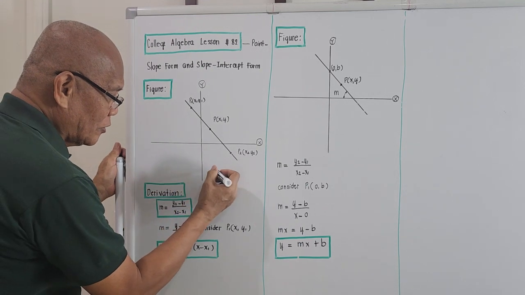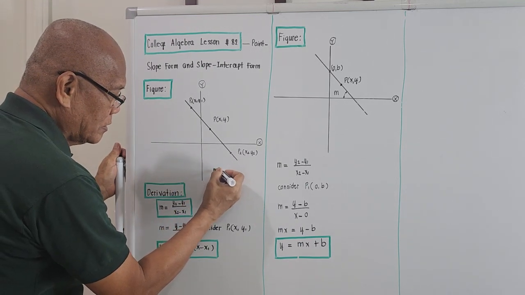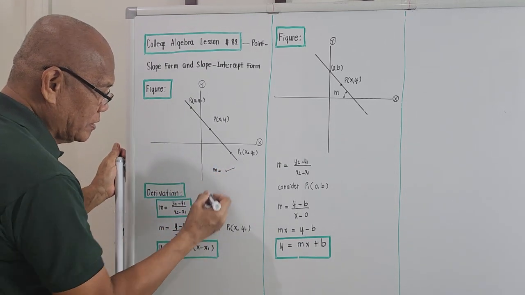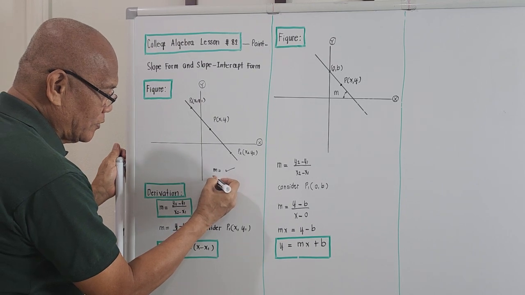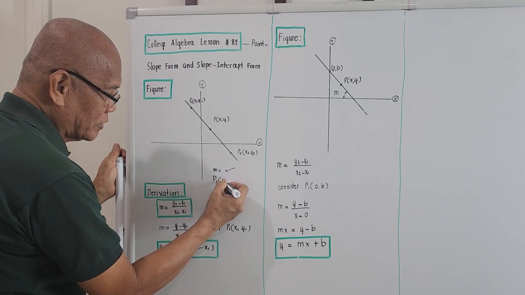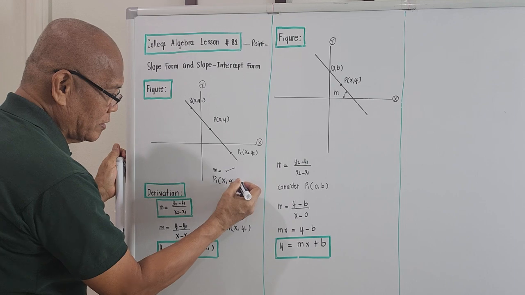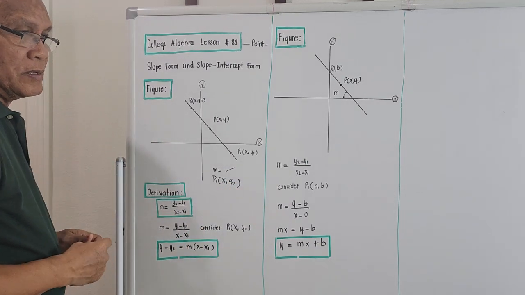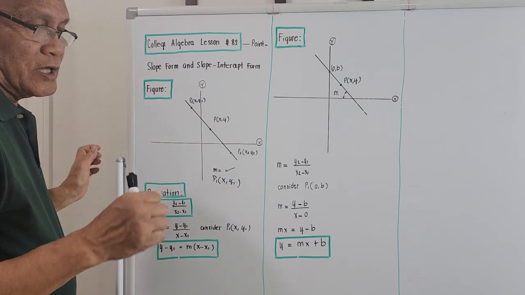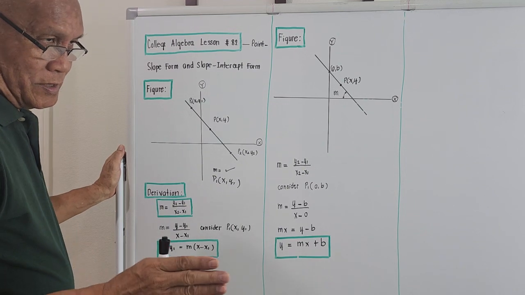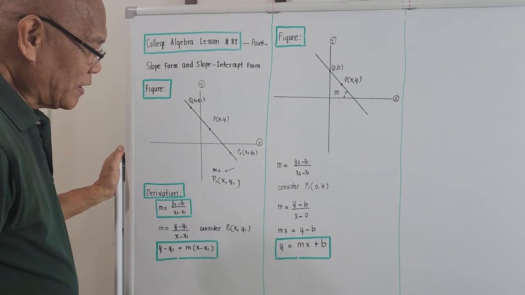If we are given the slope, and we are given point number 1 with coordinates x1, y1, we can find the equation of the required straight line.